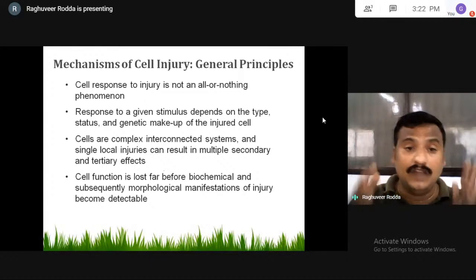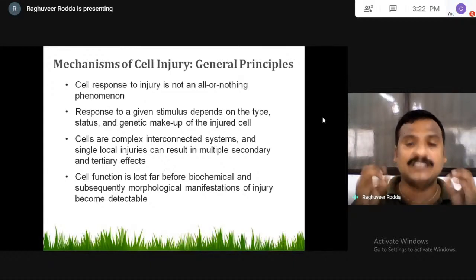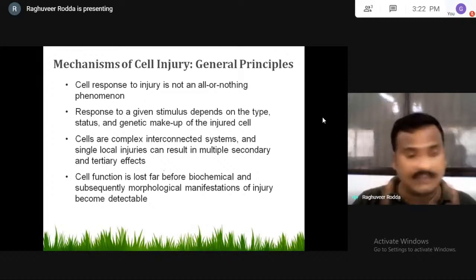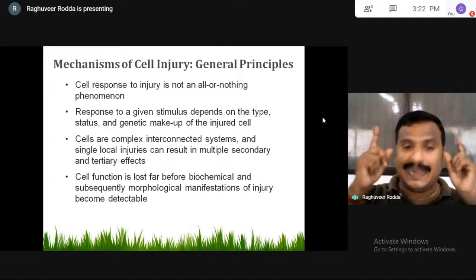The cell will lose its function before losing its biochemical and morphological features. Cell functions are completely abolished if the injury is of the irreversible type. If the cell injury is irreversible, definitely the cell functions are lost in the middle.